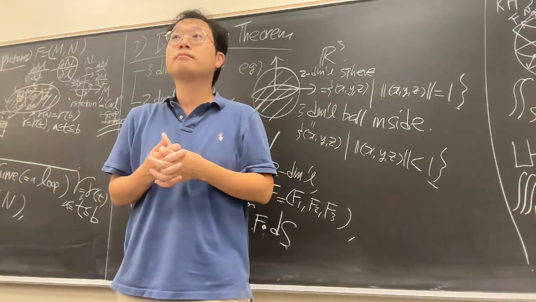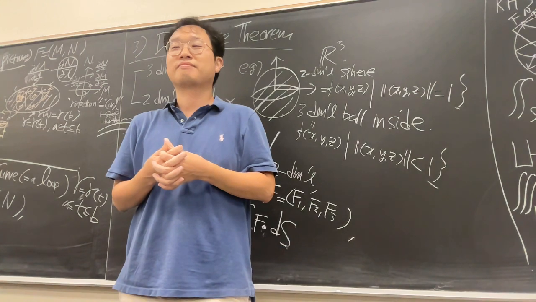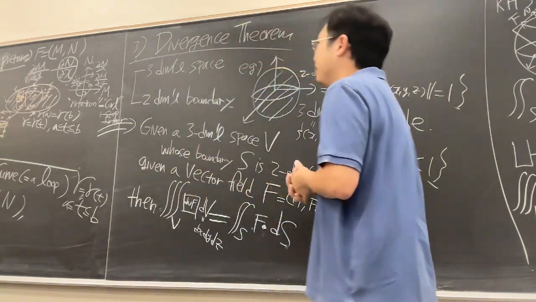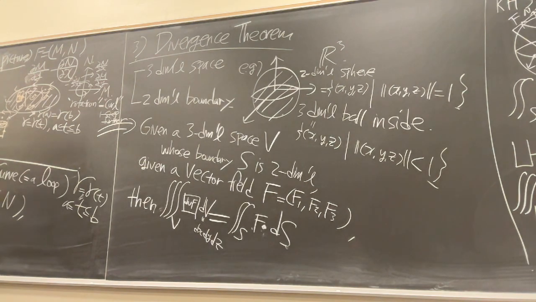I thought for finding curl it was the cross product between del and whatever F you have. You're right. So there's actually one step. I try to make it concrete enough. In fact, I can just choose this area not inside of R2, but in R3.